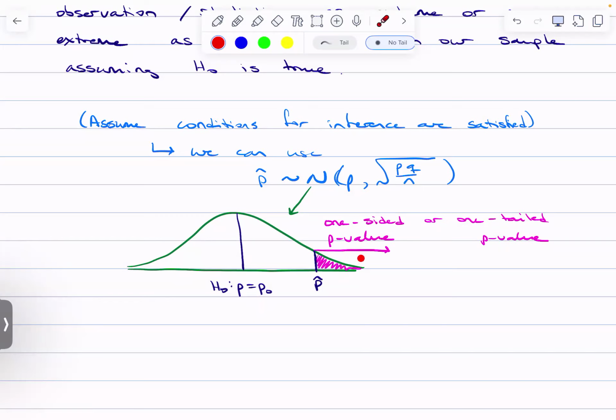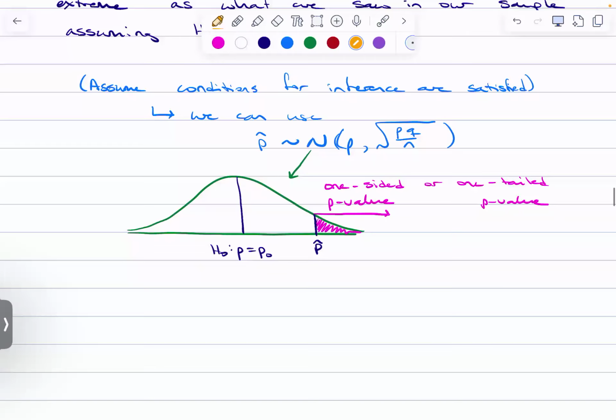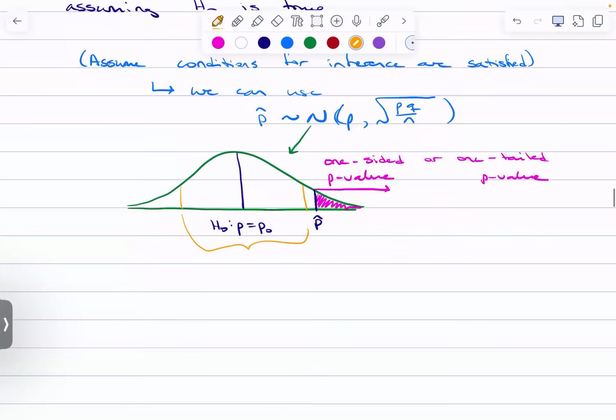So how we draw our conclusions is we say, well, if the p-value is small enough, then we have enough evidence to reject H naught. And so usually how I think about it is there's kind of an invisible region here where we would fail to reject H naught.